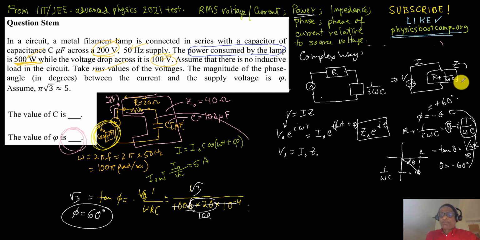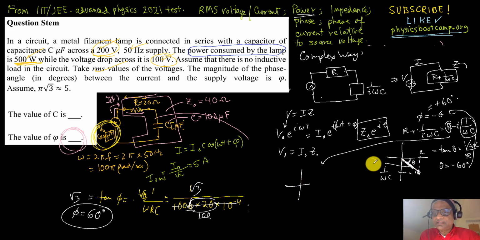So this is the complex analysis way, and it's really cool, pretty nice. Now if you wanted Z0, you can get it from here. This distance is Z0, and in this right-angle triangle, Z0 squared is R squared plus (1 over omega C) squared.